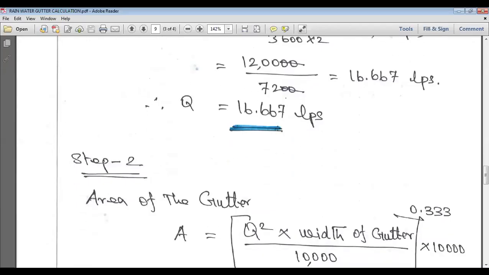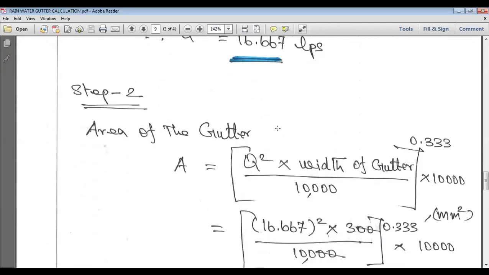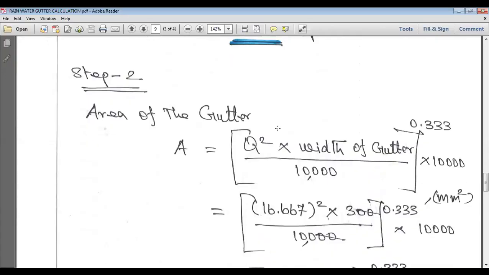With this, we have to calculate the area of the gutter. We have already assumed the width of the gutter as 300 mm. The area of the gutter is Q squared into width of the gutter, divided by 10,000, whole power 0.333, into 10,000, in mm square.